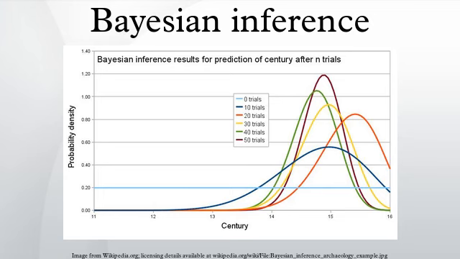Lee, Peter M. Bayesian Statistics: An Introduction, 4th edition, John Wiley. ISBN 978-1-1183-3257-3. Carlin, Bradley P. and Louis, Thomas A. Bayesian Methods for Data Analysis, 3rd edition. Boca Raton, Florida, Chapman and Hall/CRC. ISBN 1-58488-697-8.